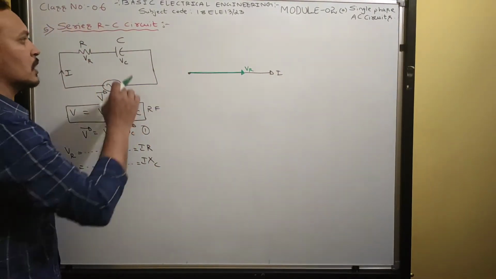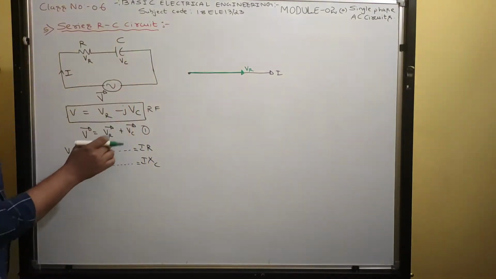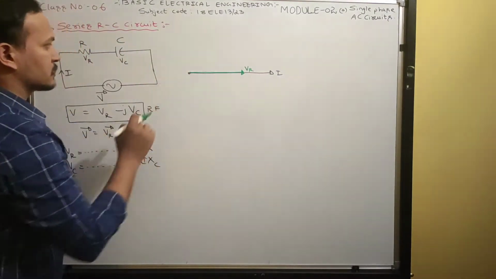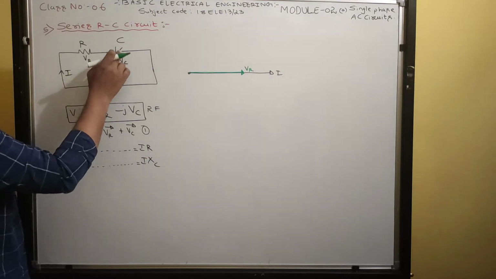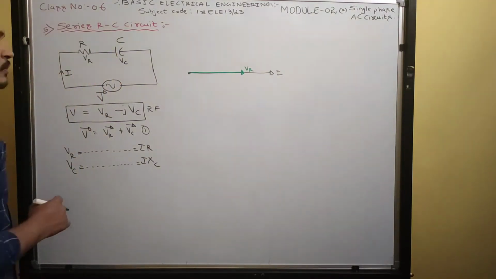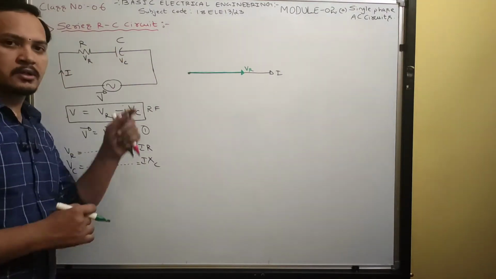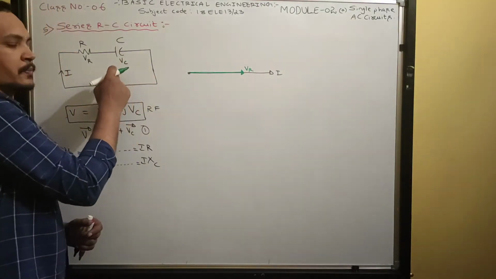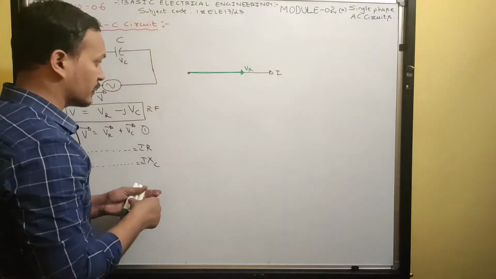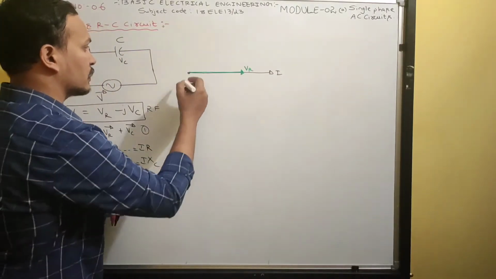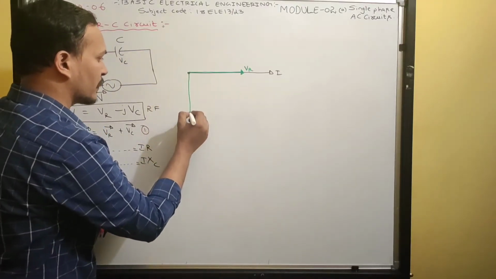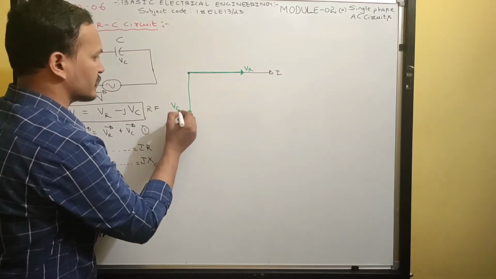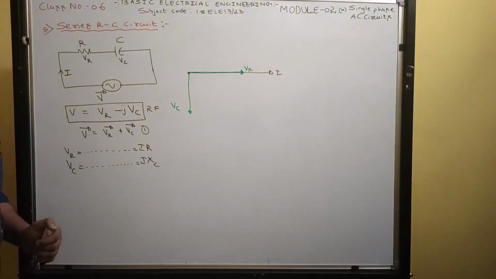Now consider only the capacitor. With respect to current, the voltage across the capacitor lags by 90 degrees. So VC lags the current by 90 degrees.